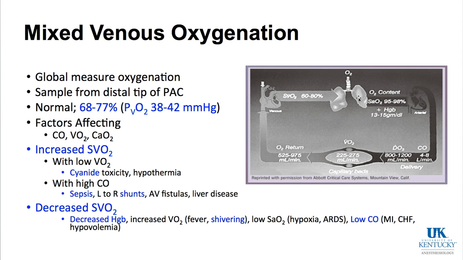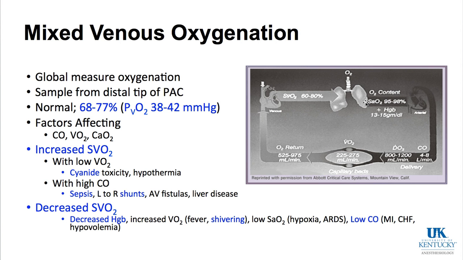As the blood goes through your lungs and out your heart and out into your aorta, the oxygen content is dependent upon our saturation and our hemoglobin mainly. And our normal cardiac output is somewhere between 4 to 8 liters per minute. We said that content per liter is approximately 200 mils of oxygen.